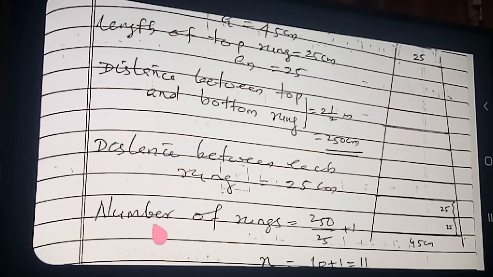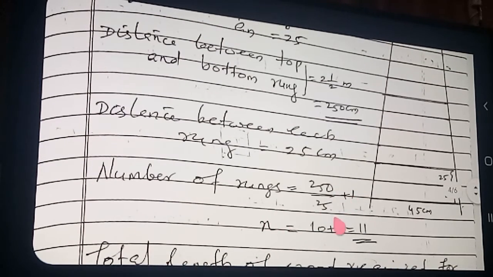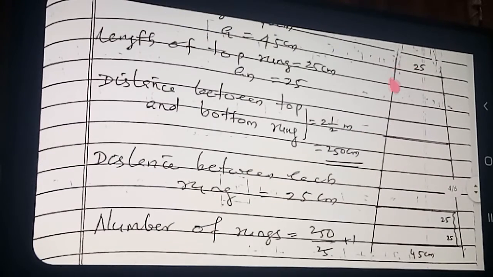Therefore you can find the total number of rungs: 250 divided by 25 plus 1. How much is that? 11. For your understanding, I have drawn all these rungs here.